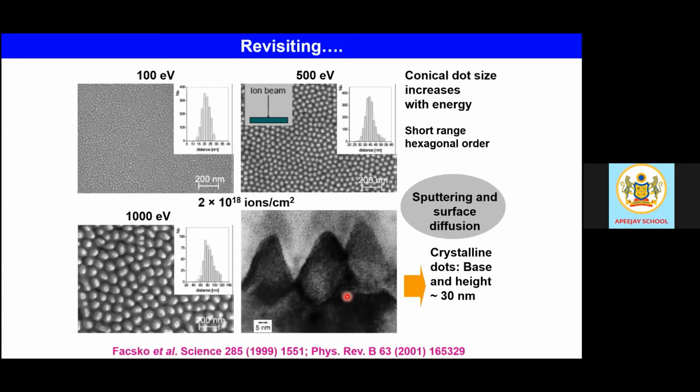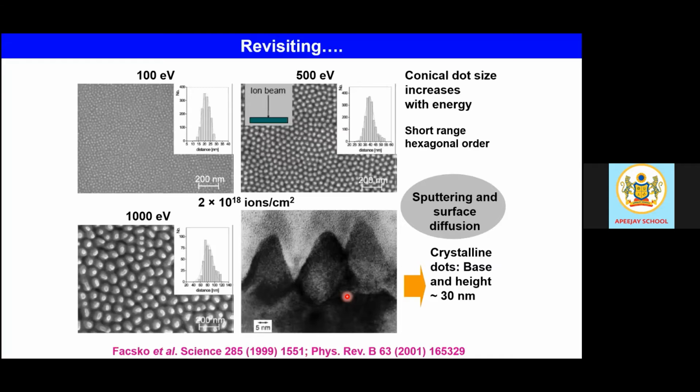But then these people actually gave a new lease of life to this area when they reported, instead of a glass surface, on gallium antimonide, and they could show successfully that with varying ion energy, the dot size kept on increasing, which was known as dot coarsening.